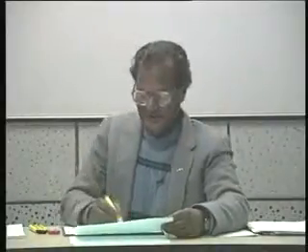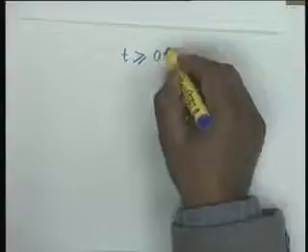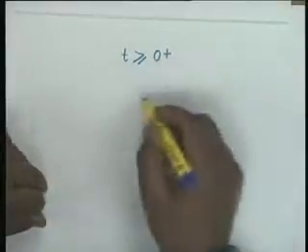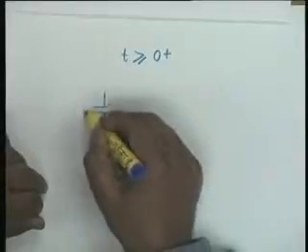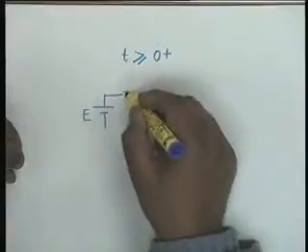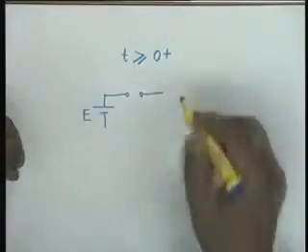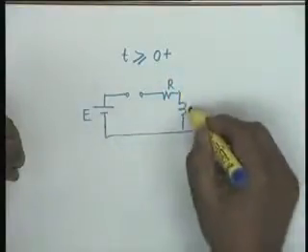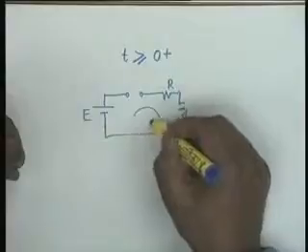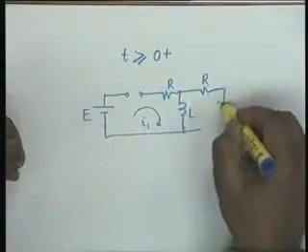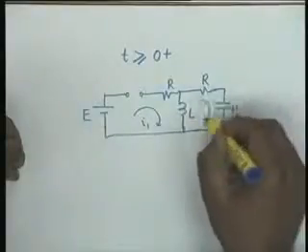Now regarding the primes, what you have to do is you have to find out the circuit at t greater than or equal to 0 plus. Let us look at the circuit. For t greater than or equal to 0 plus, there is this voltage source E, and then the switch has been thrown open, alright, then a resistance R, an inductance L, this is I1, and then another resistance R and a capacitance C, and this is I2.